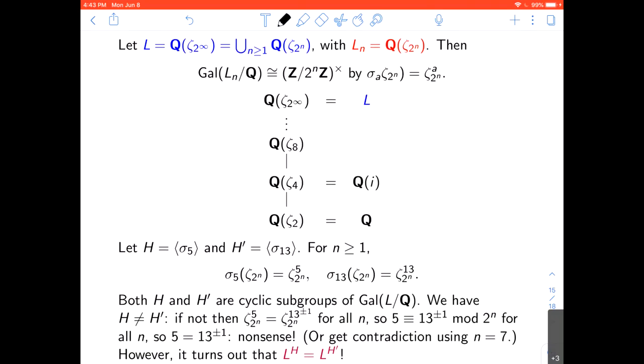So let me show you an example. Here we take the 2-power cyclotomic extension, and I'm going to give you 2 subgroups of the Galois group of the big cyclotomic 2-power extension. So what is this group going to look like here?